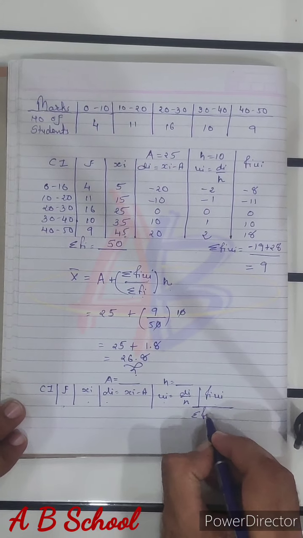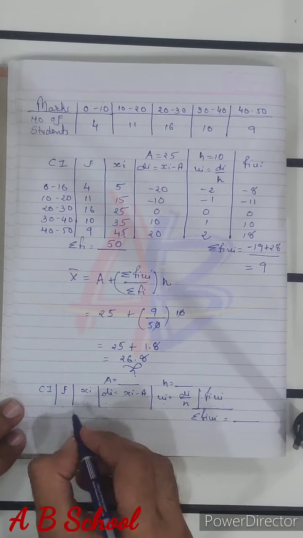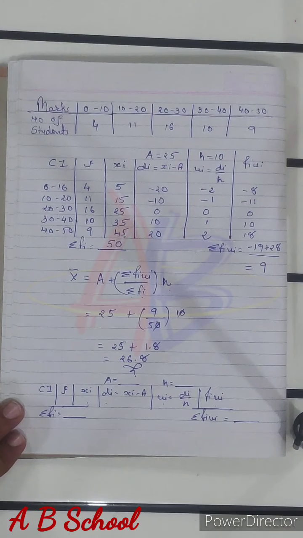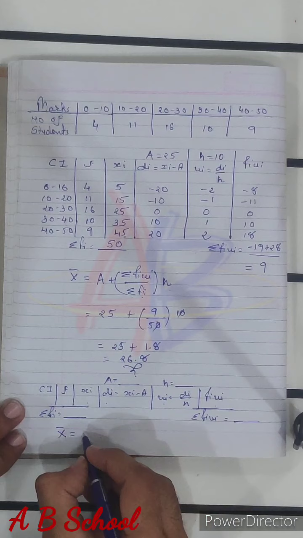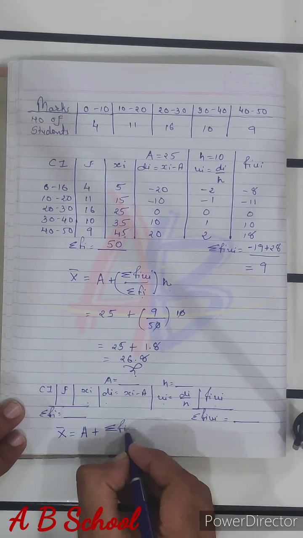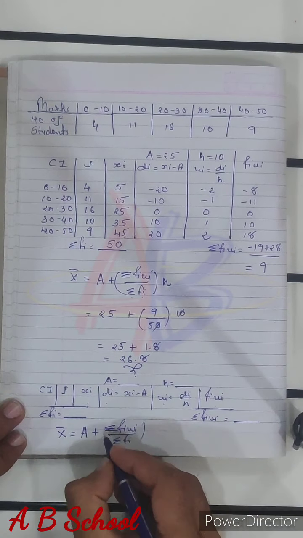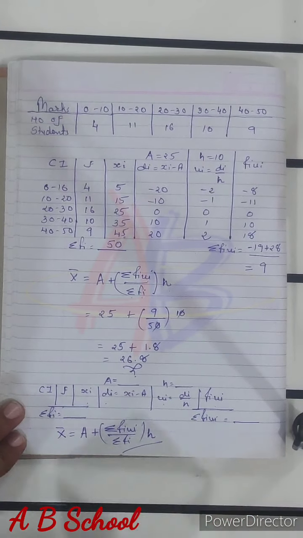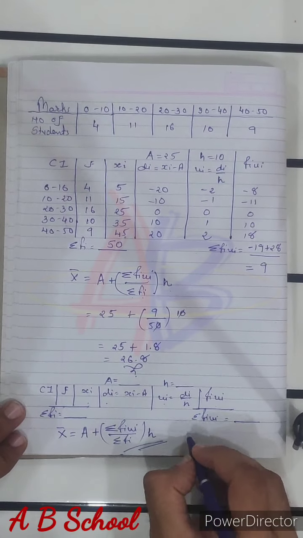Here we'll have summation fi ui by adding all the fi ui. That number we obtain over here, and summation fi we obtain from here. So now the formula is x bar is equal to a plus summation fi ui upon summation fi into h. This is the step deviation method.